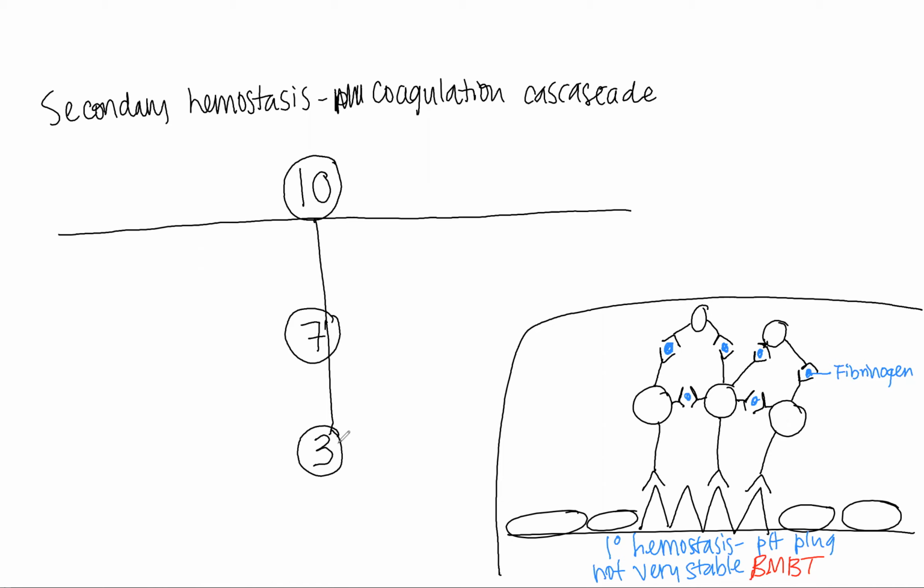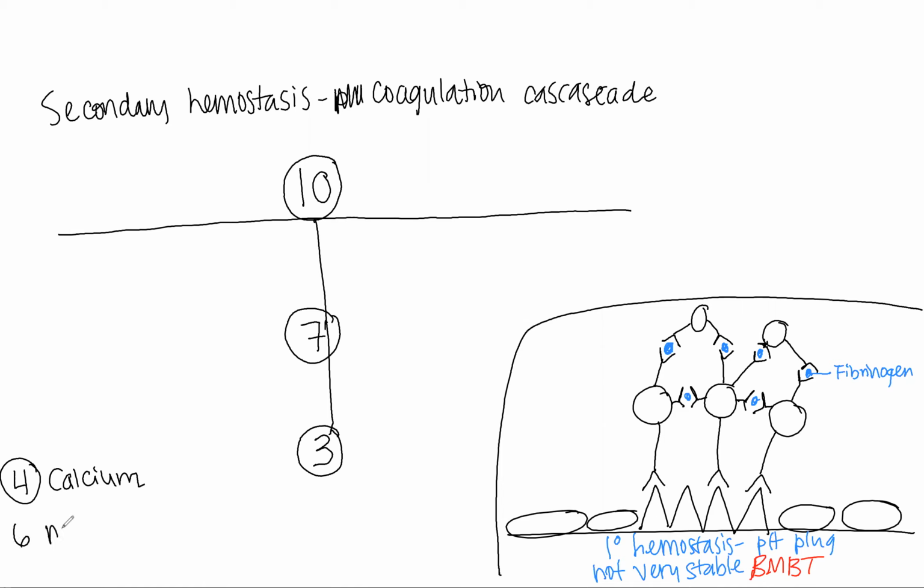And then some other special numbers, 4 is calcium, and I'm just going to put that off to the side because it's not going to go in our coagulation cascade, but just know that you pretty much need calcium for every part of hemostasis, which is why we bind calcium or inhibit calcium when we want to stop hemostasis, like in our collection tubes. And then 6 doesn't exist. So you don't have to worry about 6.